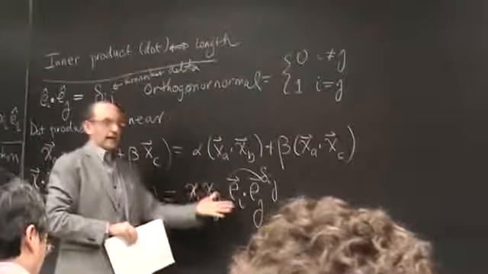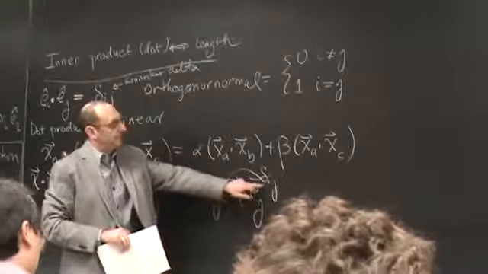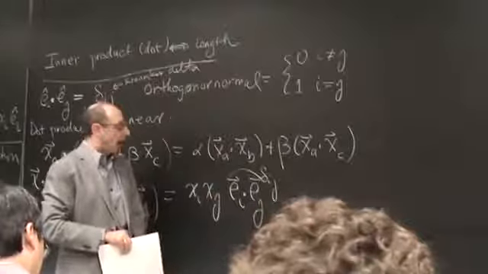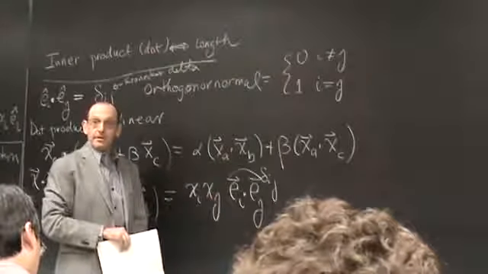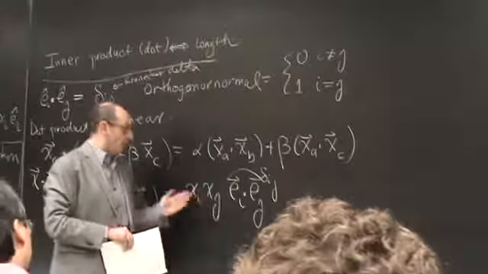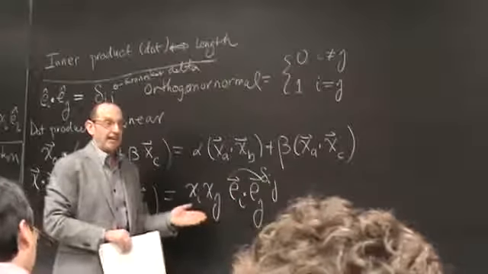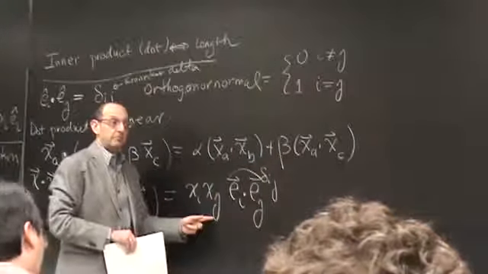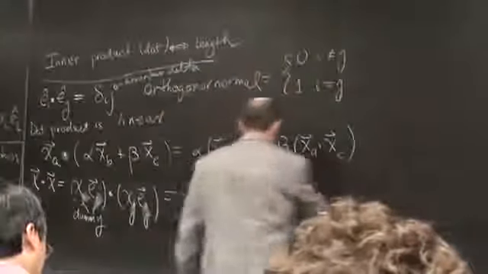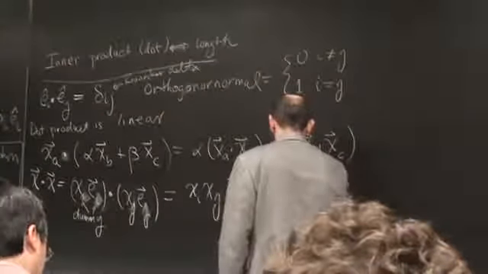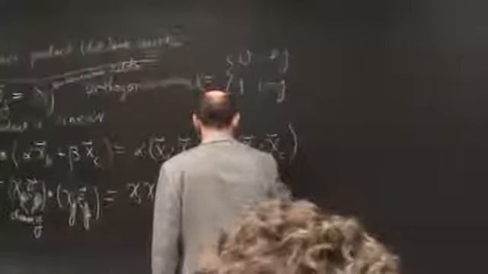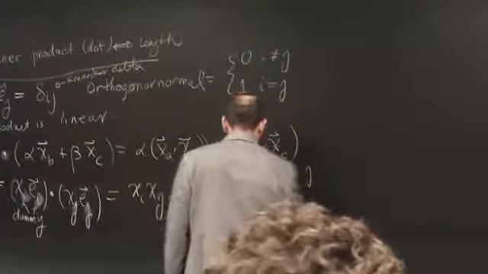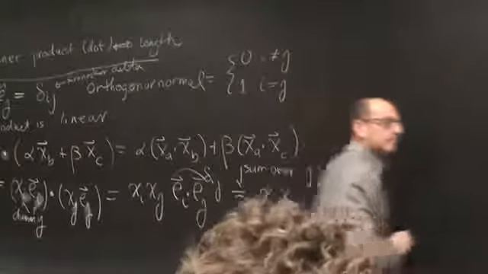And now the trick is, because the Kronecker delta is 0 unless i equals j, when you sum over either i or j, this will be 0 unless the two indices are the same. So this becomes, if I sum over j, for example, then I'm left with the sum over i.